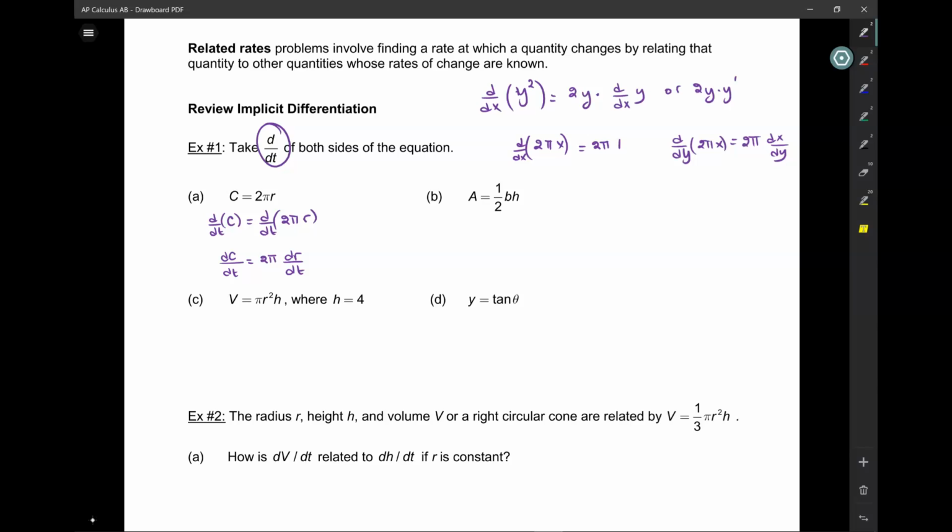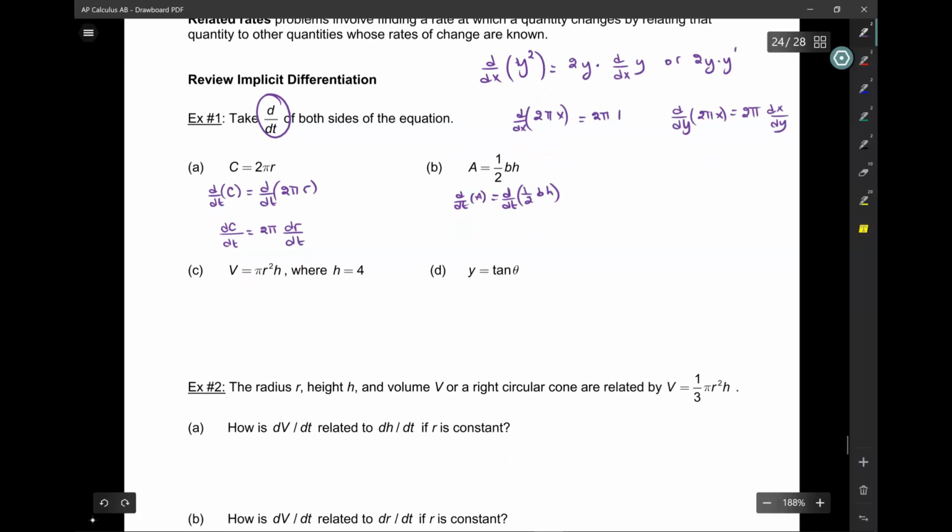Yeah, now there are three parameters, right? Because how often are things just dependent on one or two things in life? Never. It's different parameters. Okay, so here d/dt of A is equal to d/dt of one half b h.